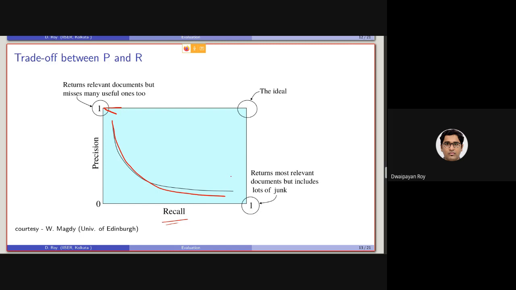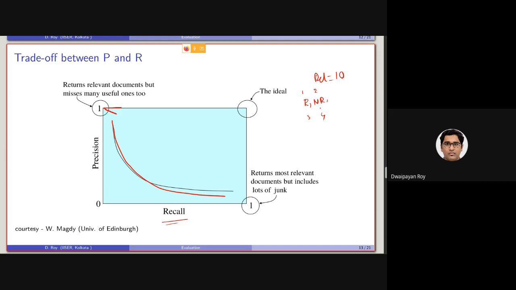So let's say there are 10 relevant documents in the system, and a system is retrieving one relevant document and one non-relevant document in a pair. So rank 1 is relevant, rank 2 is non-relevant, then again rank 3 is relevant, rank 4 is non-relevant, and so on.